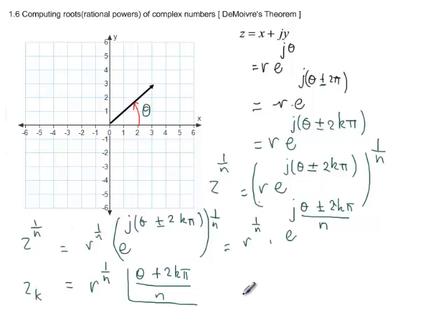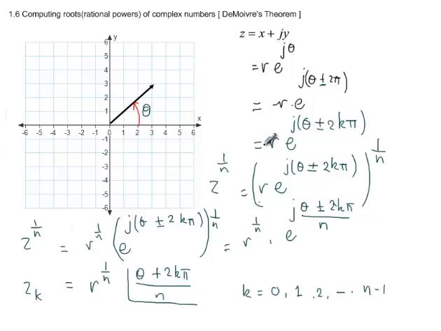K is going to run from 0, 1, 2, up to n minus 1. This is very important what I'm saying here now. It's a fact which you must know always.